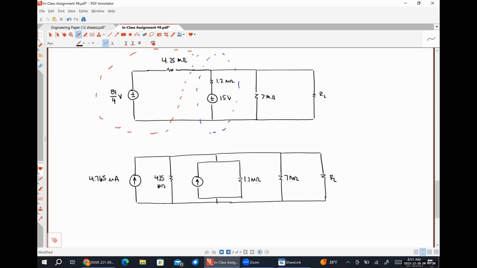I'm going to store that as A in my calculator so that I don't have any rounding issues. 15 volts divided by 1.2 megaohms looks like 12.5 microamps.